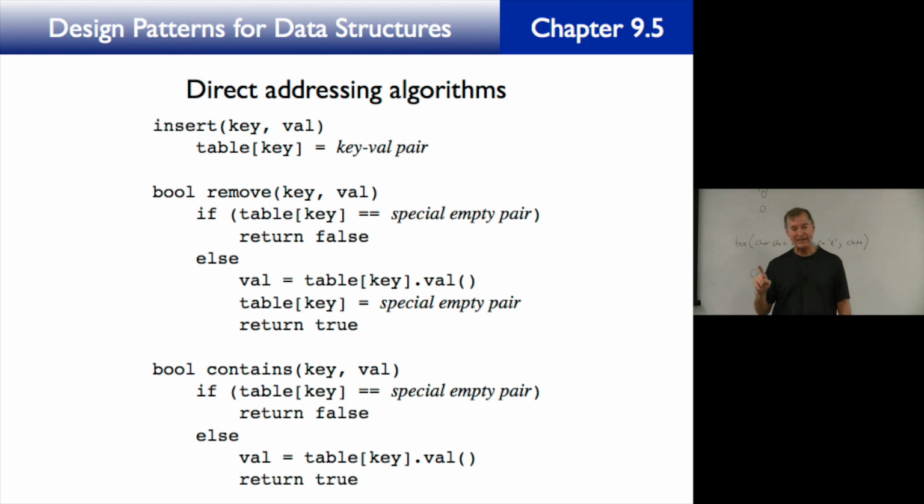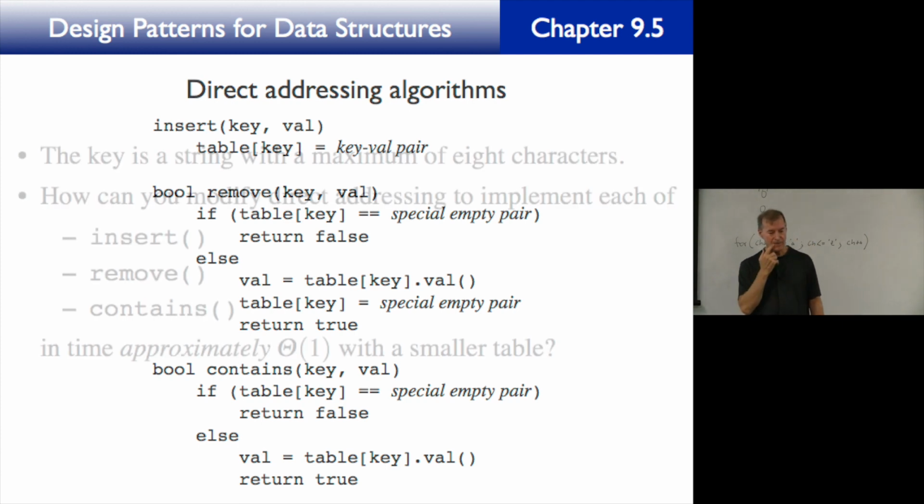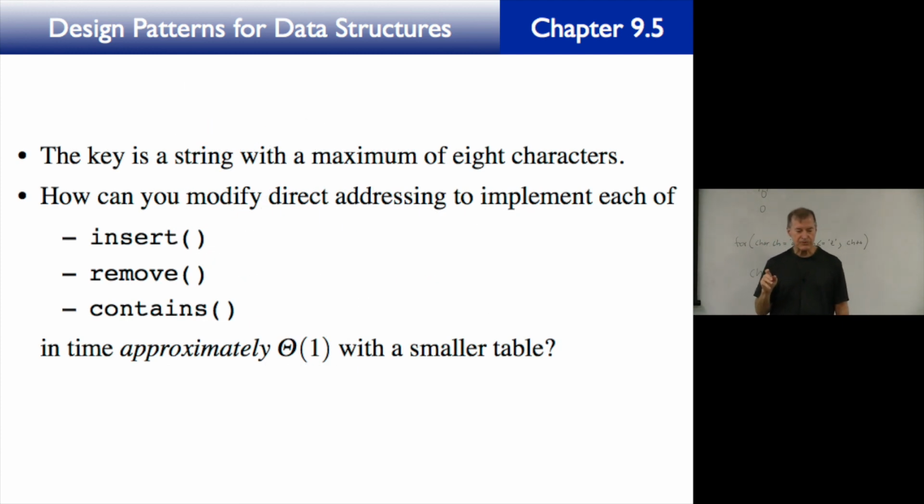Now, with that idea, let's think about this. Let's pose this problem. Suppose you have a key as a string with a maximum of 8 characters, but now, instead of doing exactly what we did, how can we modify direct addressing to implement insert and remove and contains in time approximately big theta of 1?